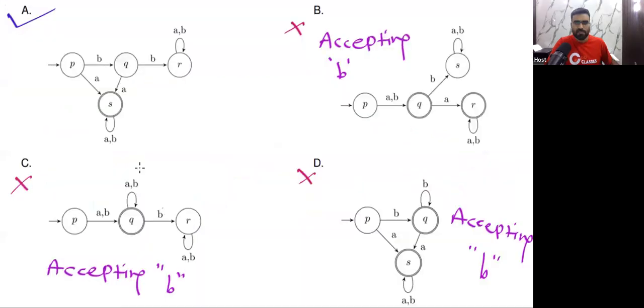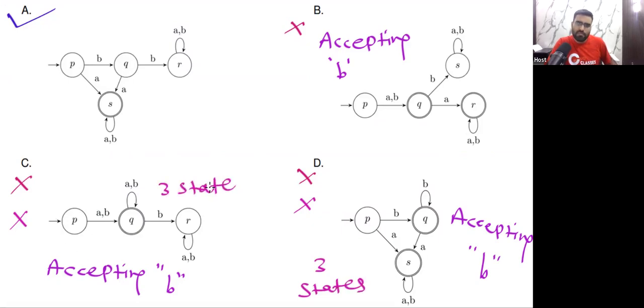So let's check the options. This option has three states, so it is gone. This one also has three states, so these options are gone. Here you have two final states, so this option is also gone.